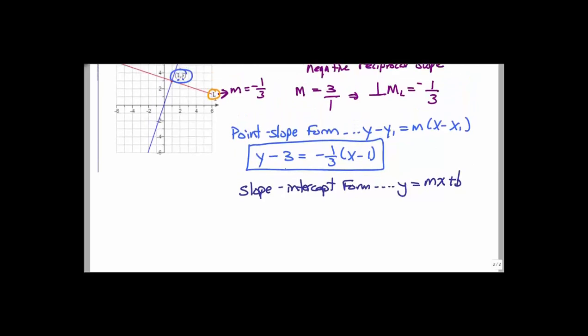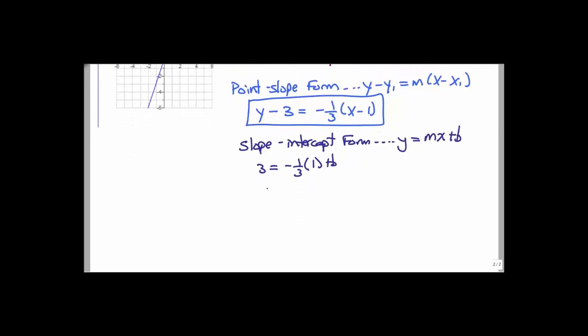From up here, y I know is 3. So I have 3 equals, my slope is negative 1/3, my x value is 1, plus b. So I have 3 equals negative 1/3 plus b. I'd add the 1/3 to both sides to solve for b, and I get b equals 3 and 1/3.